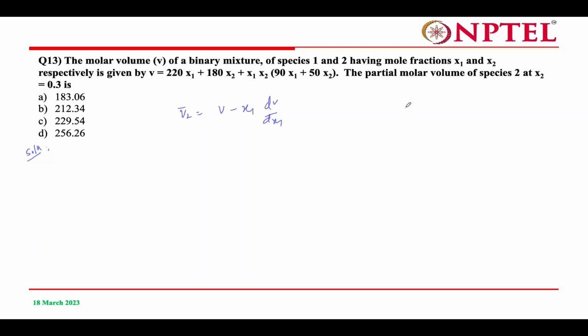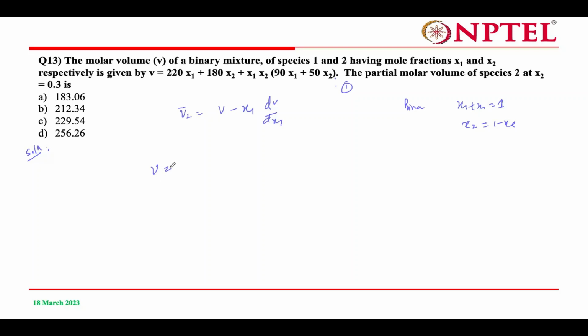For the binary mixture X1 plus X2 is equal to 1, so X2 equals 1 minus X1. This is it, right? So replace X2 by 1 minus X1 in equation 1, right?